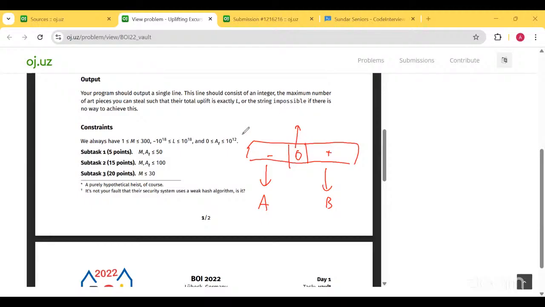So it means if we take everything, the uplift is P minus A, right? And the maximum uplift we can get is P. And the minimum uplift we can get is minus A. Is it correct?